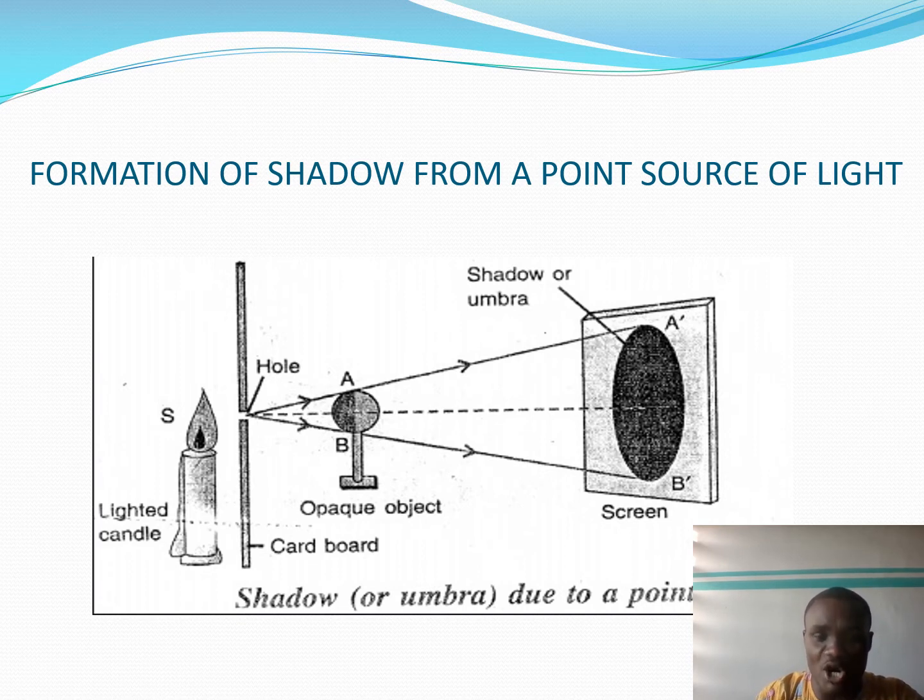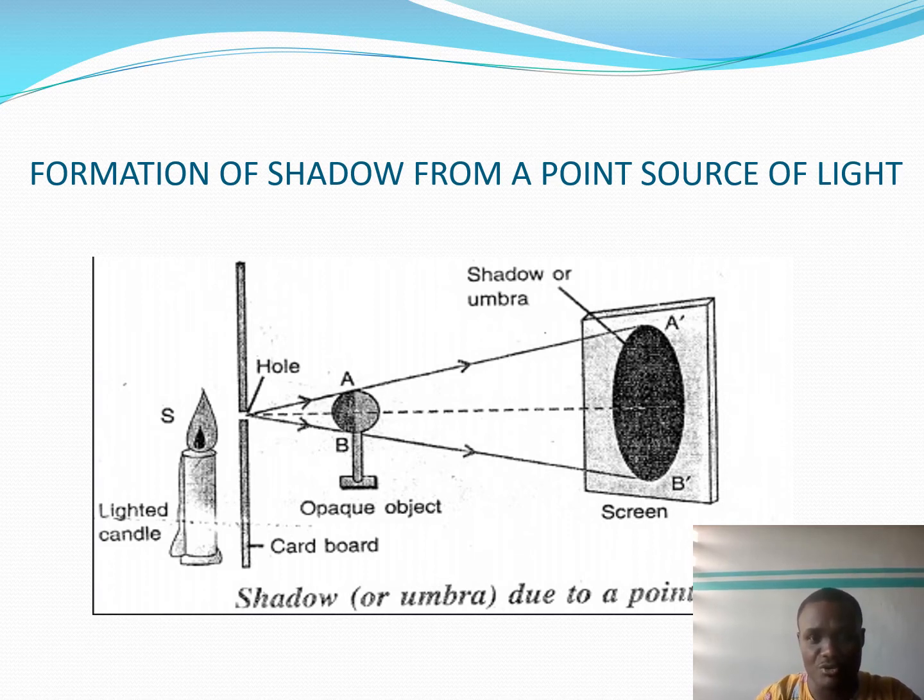This is the opaque object placed in the path of the light rays. You will see that the opaque object blocks all the light rays and casts its shadow on the screen. So the darker part over here, the one you see the pointer on, is what they call the total dark area, which is called umbra.